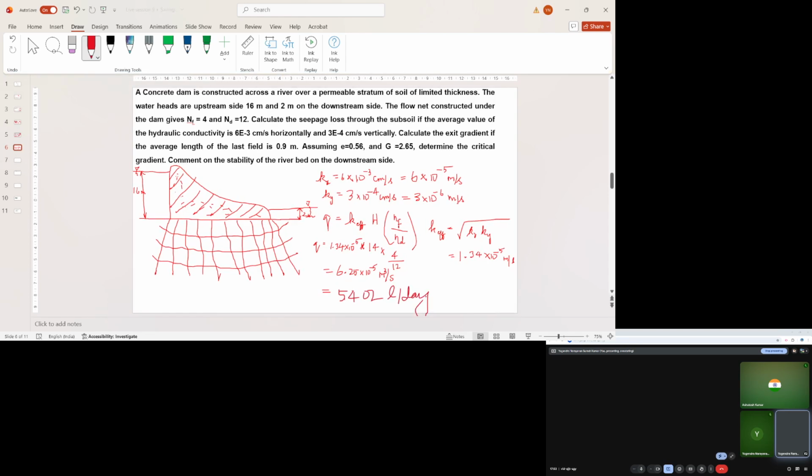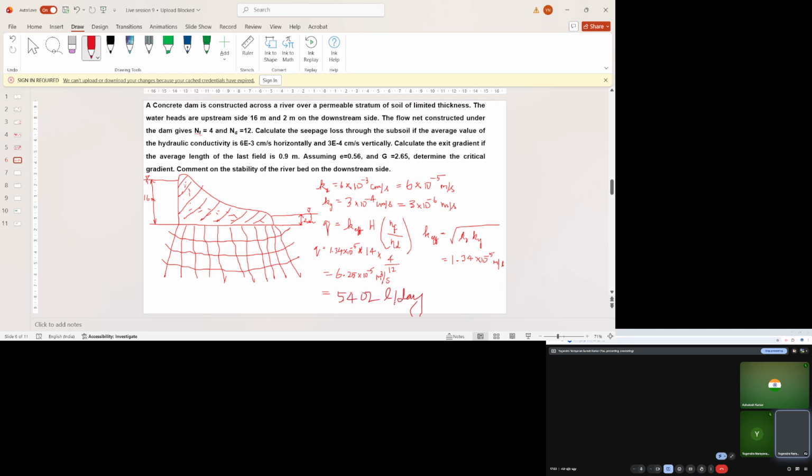So that much is the seepage loss. That much head is getting lost in seepage. Any doubts?